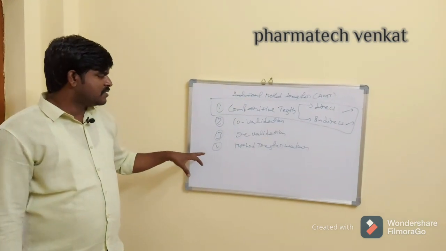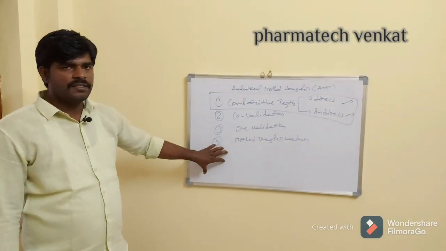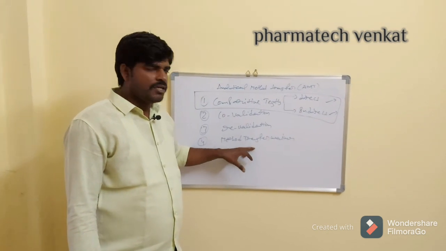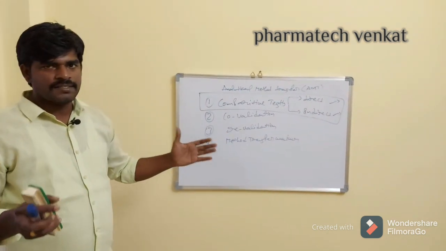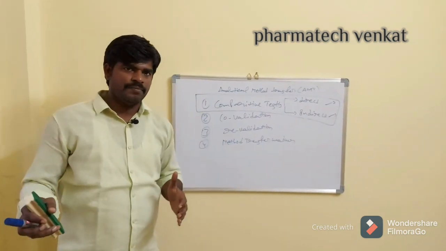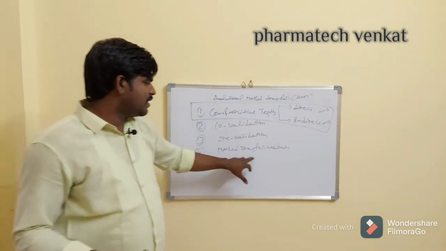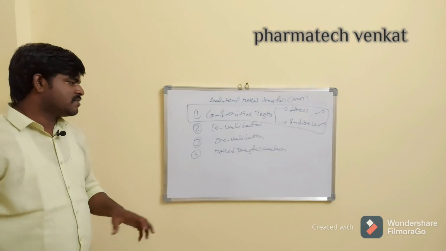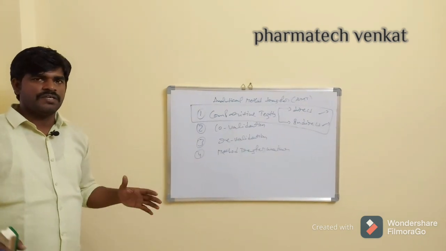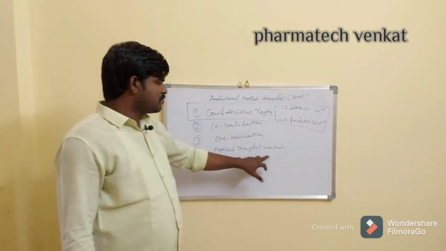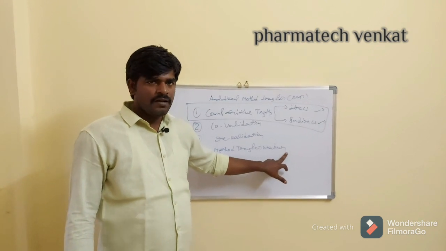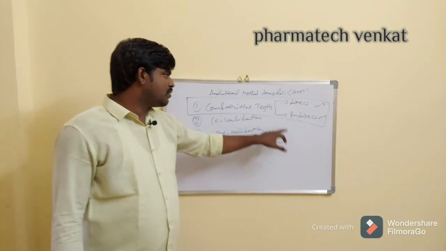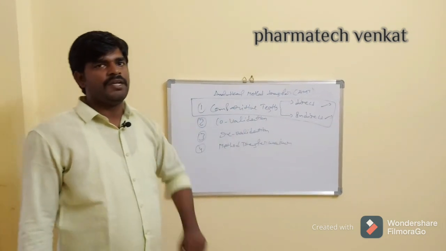In those cases, whenever there is no impact on the analytical method, by mutual understanding of the receiving and transferring lab, they will generate the method transfer waiver certificate with proper justification. Whenever scientific evidence or scientific justification is available, the method transfer waiver certificate will be generated, and this certificate is used so that the AMT activity does not need to be performed.